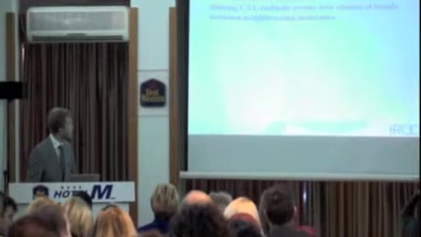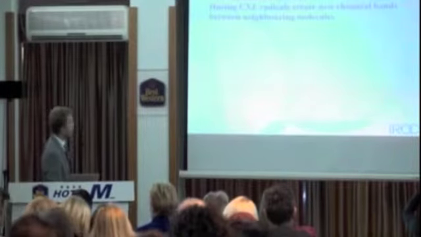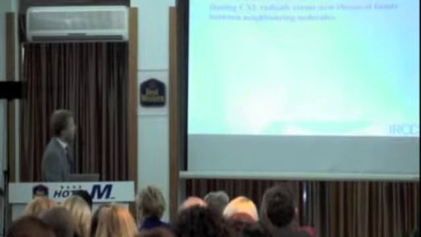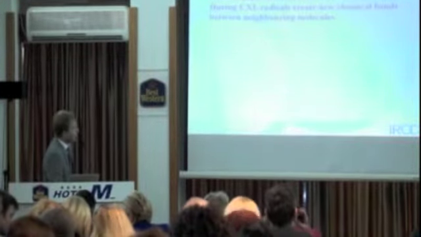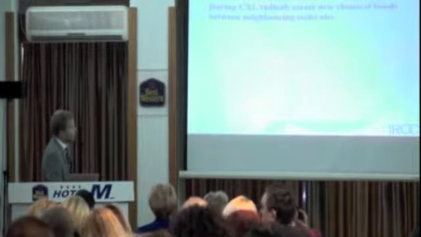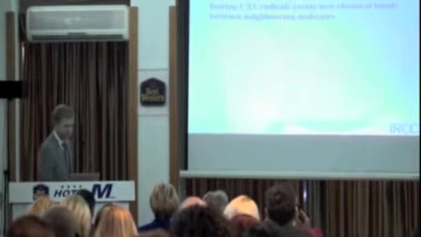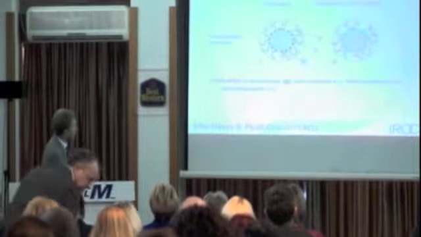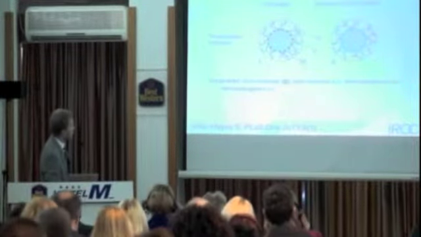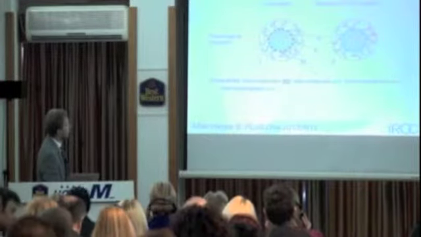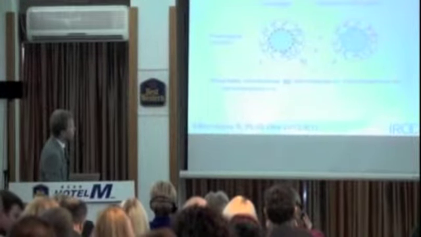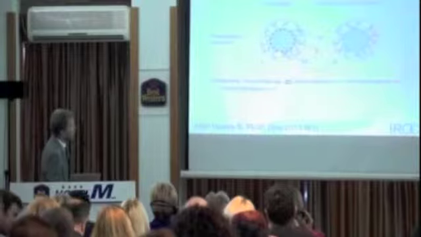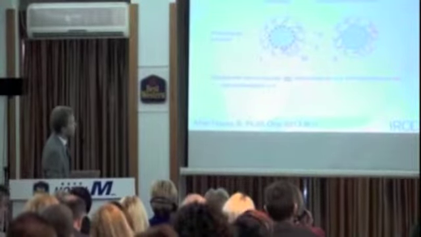So, facts. First, what do we know about crosslinking? During crosslinking, oxygen radicals are produced, and they produce new chemical bonds between neighboring molecules. This was first shown in 2003 and reproduced in 2013. Here we have an untreated collagen fibril, and here we have a UVA riboflavin-treated collagen fibril.